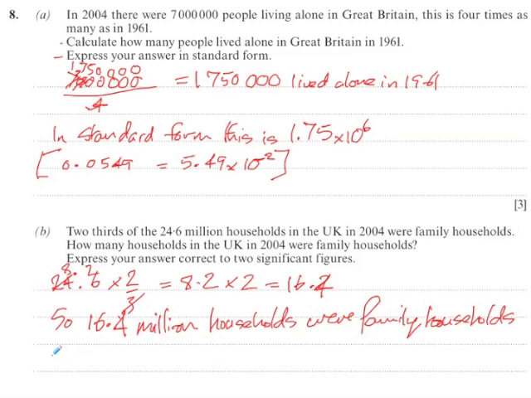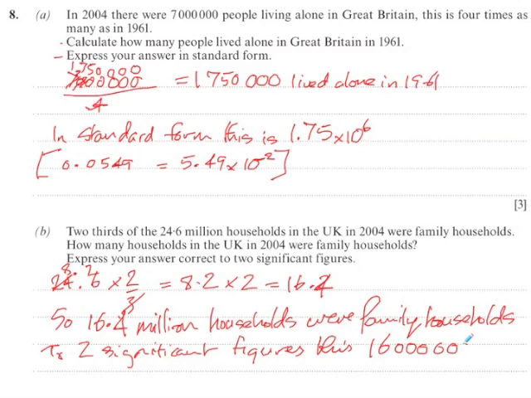But because 4 is less than 5, you'd say to two significant figures, this is 16 million. Now I could write million there, but I'm just covering all bases in case they want you to write the noughts. I'm going to write noughts. So for a million you have 6 noughts, so make sure you get the noughts right.